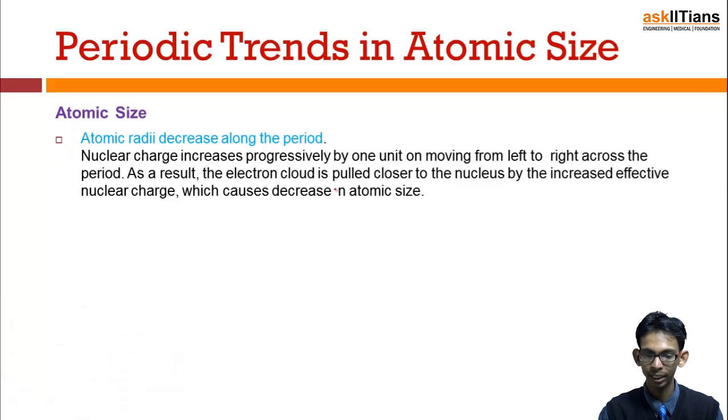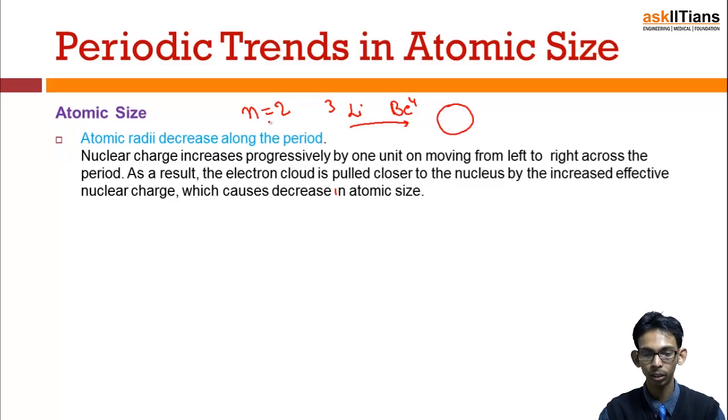Let's say we have lithium, then beryllium. We move from lithium to beryllium. The atomic number is 3 for lithium and 4 for beryllium. For both of these, n is equal to 2, so we are talking about a particular period.